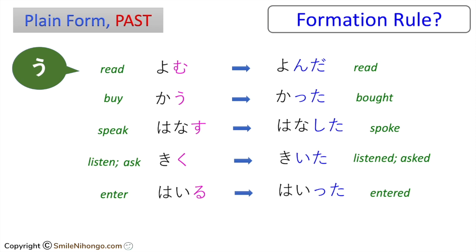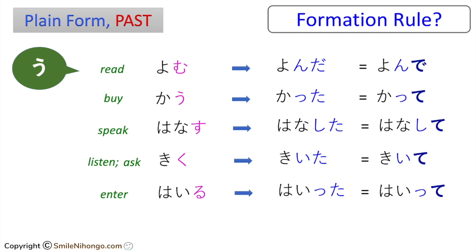Take a look at the past tense for these U verbs. They look kind of familiar, don't they? Right. They look similar to the te forms. The only difference is that they have ta or da instead of te or de.